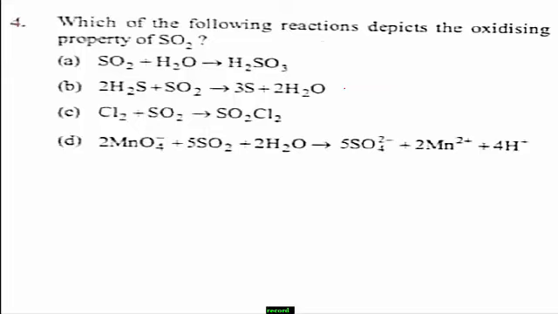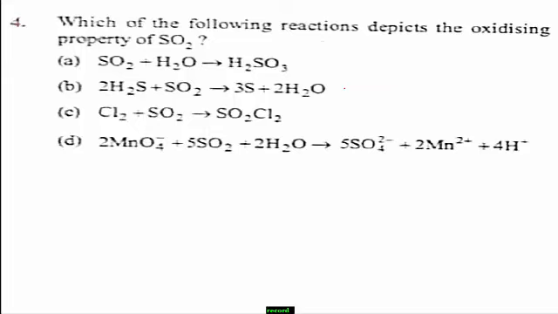Option C, Cl2 plus SO2 gives SO2Cl2. And option D, 2MnO4- plus 5SO2 plus 2H2O gives 5SO4 2- plus 2Mn2+ plus 4H+. Which one is the right answer? Question number 4.